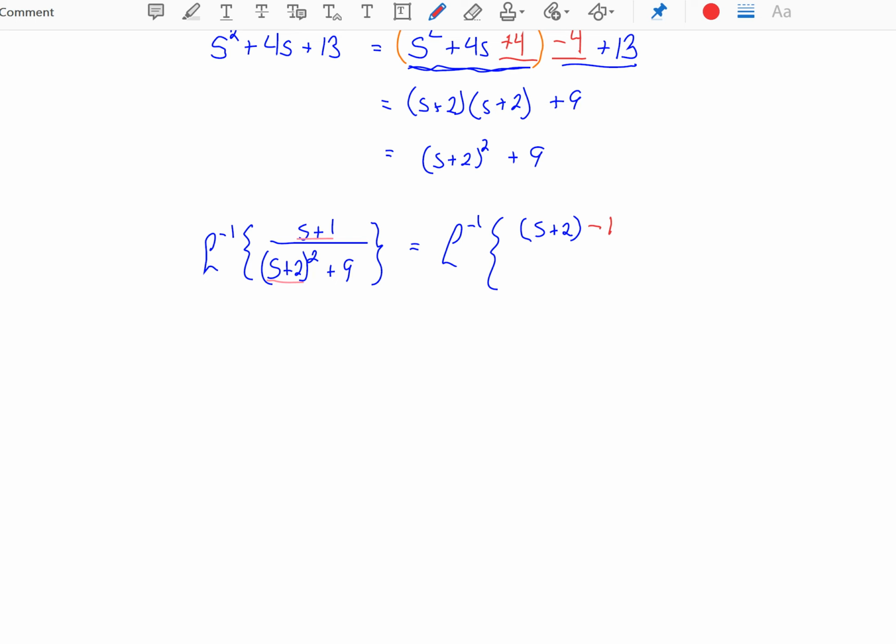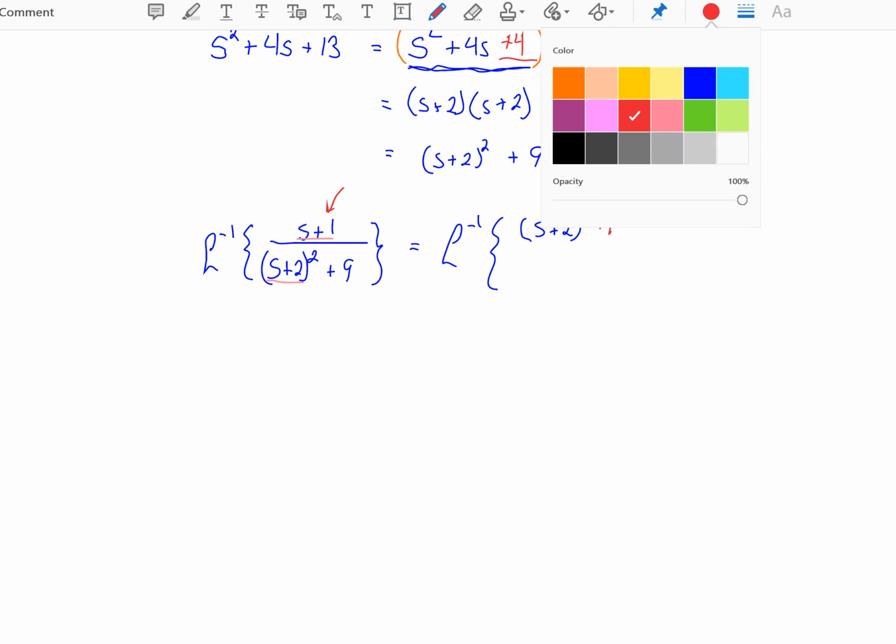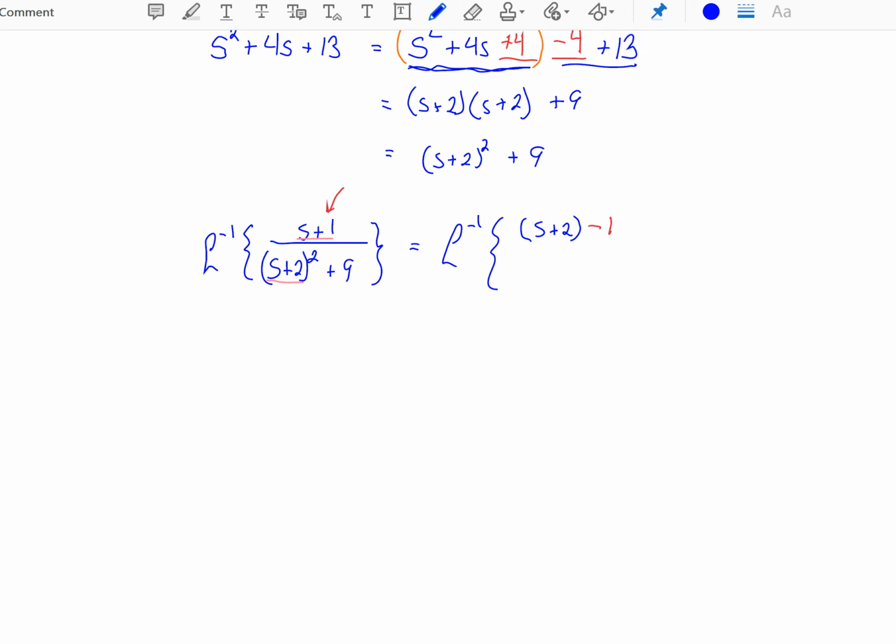If you were to simplify that top, s plus 2 minus 1 is the same as your original. And now we'll write this over s plus 2 squared plus 9. So although it's a manipulation to come up with that minus 1 there, it is equal to the original top this way.